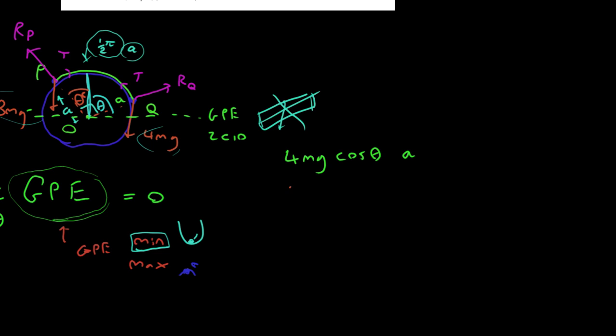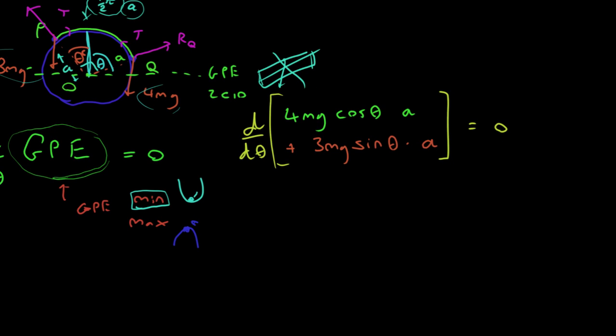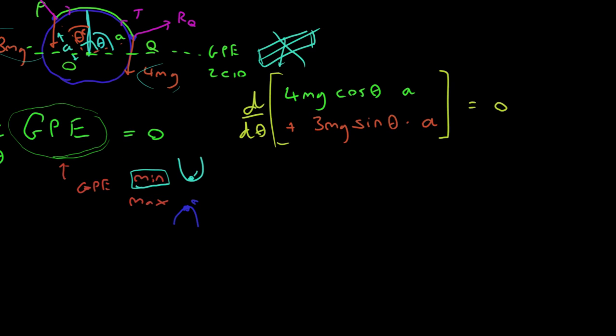So we're going to have that plus, and I believe that is going to be 3mg a sin theta. So we basically know that this is the expression for the gravitational potential energy. If I differentiate that and set that equal to 0, I'm going to find a particular value of theta such that the system will be in some sort of equilibrium.